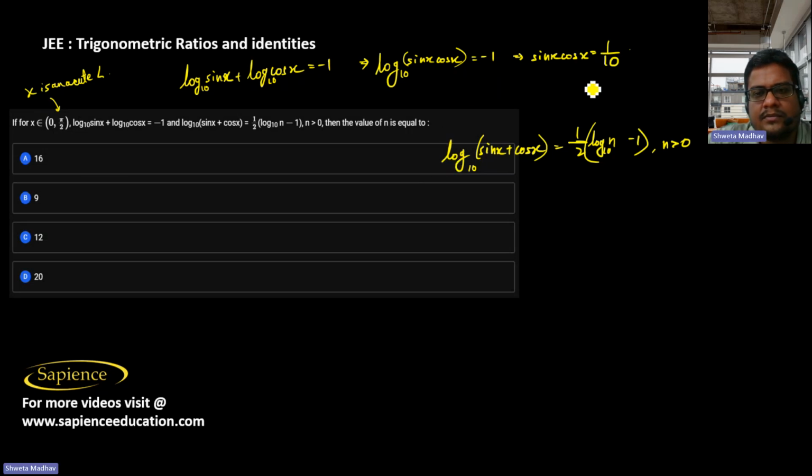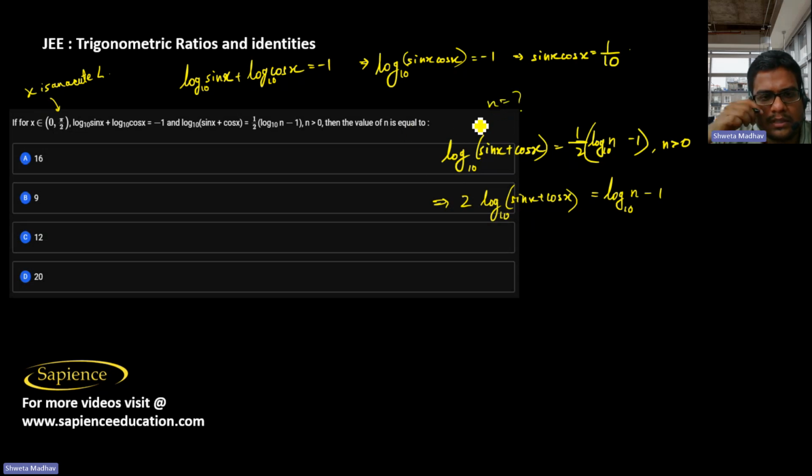So we can write 2 log sin x plus cos x base 10 is equal to log n base 10 minus 1. So the n value has been asked. We have to find out the n value. N should be greater than 0 also. And sin x cos x is equal to 1 by 10.